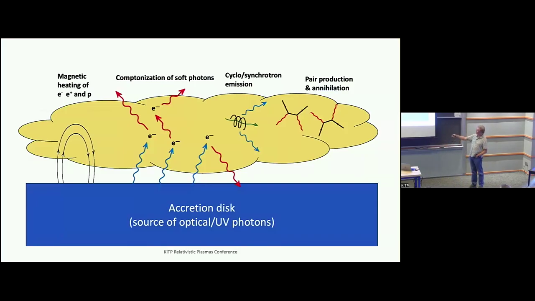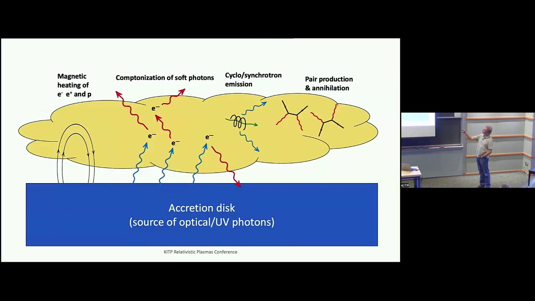There are magnetic fields originating from, or at least anchored to, the accretion disk, and they're heating the particles in the corona. The main cooling term that we believe is at play in coronae is Comptonization. So you have the soft photons, which are inverse Compton scattering off the electrons, and also the positrons, of course, and they can inverse Compton scatter multiple times and escape.